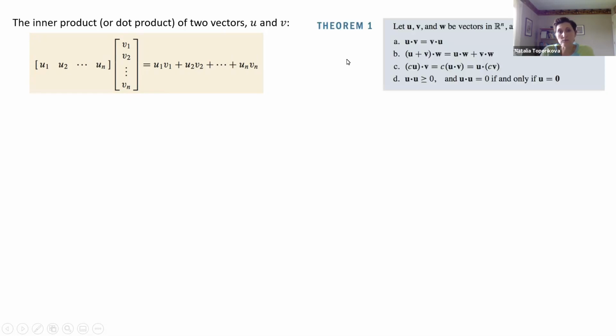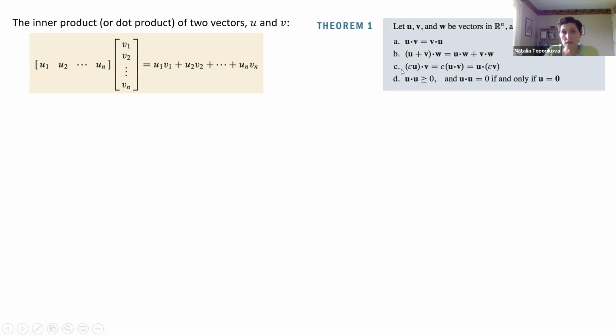This dot product has several important properties. For example, property A: the order of multiplication doesn't matter. You can easily switch the order of the vectors. Then the distributive property: if we apply the dot product to the sum of vectors u and v with w, then we can distribute, multiplying w by u first, by v second, and then adding them together.